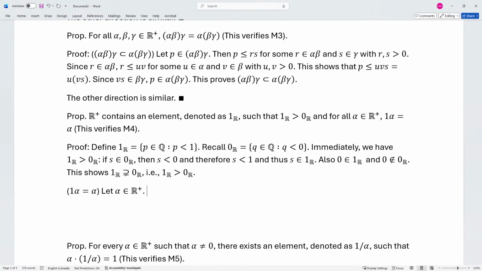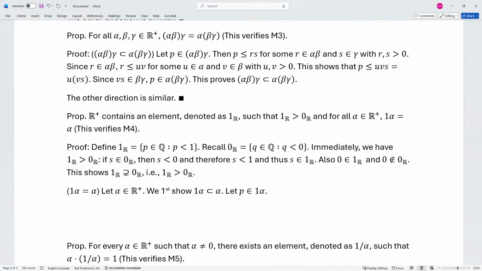So anyway, here let's prove the first containment. We first show that 1 alpha is a subset of alpha. Okay, so let P be an element of 1 alpha.